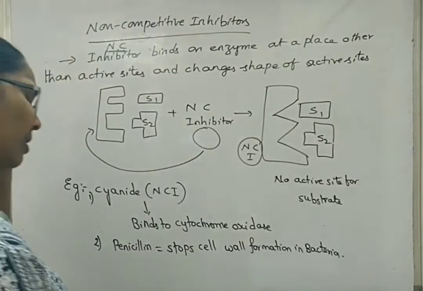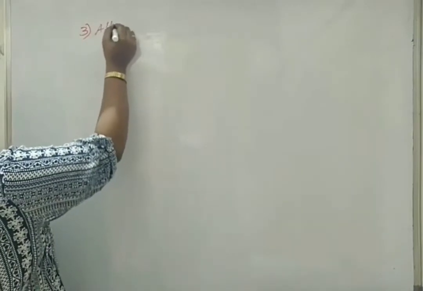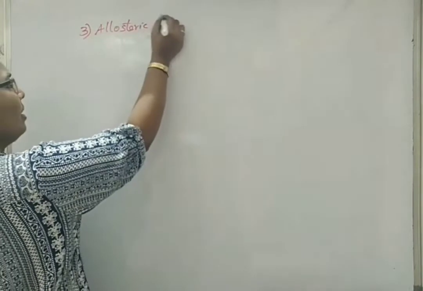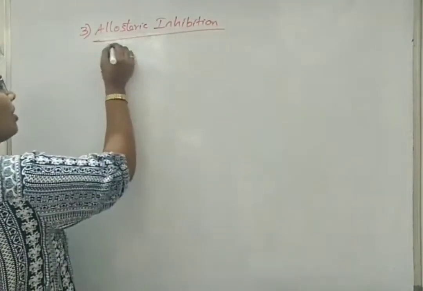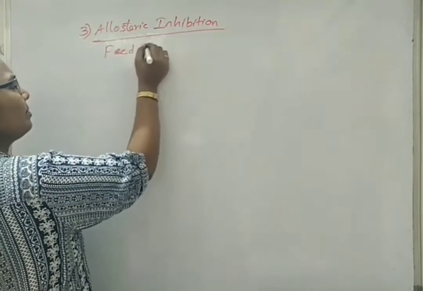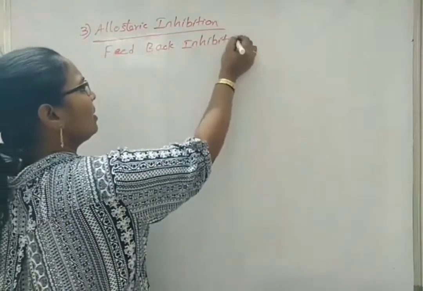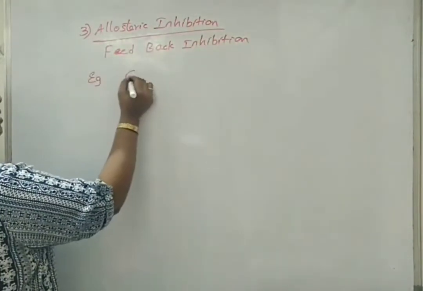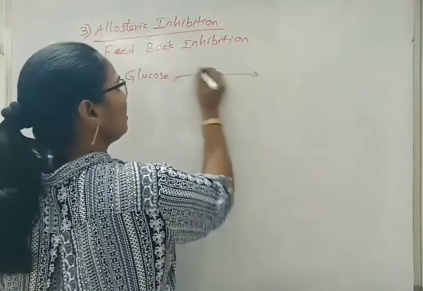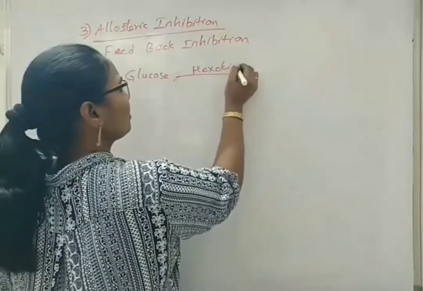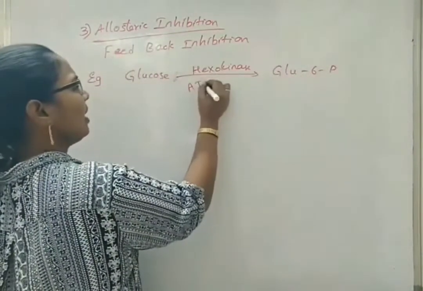One more inhibition is there, that is allosteric inhibition. It is also called feedback inhibition. Here we can take example like glucose in presence of enzyme hexokinase giving out glucose 6-phosphate with help of ATP.